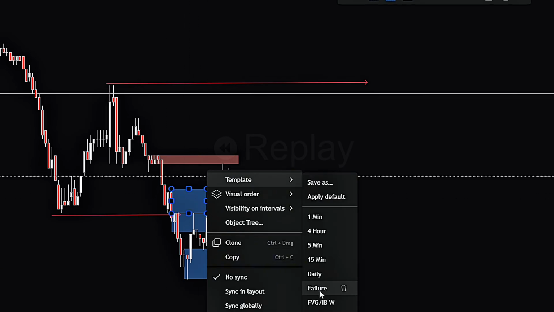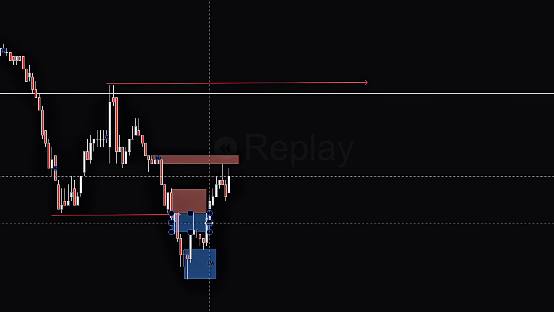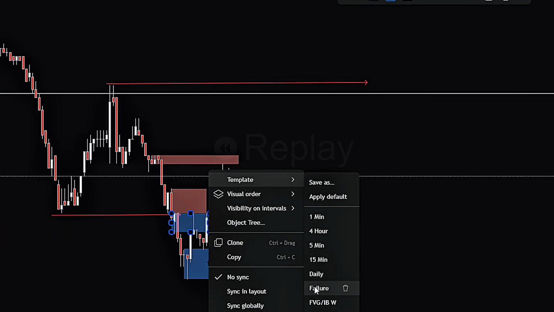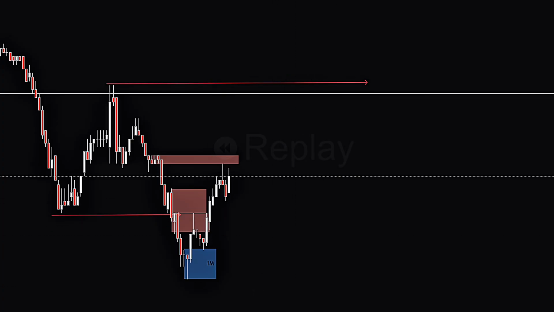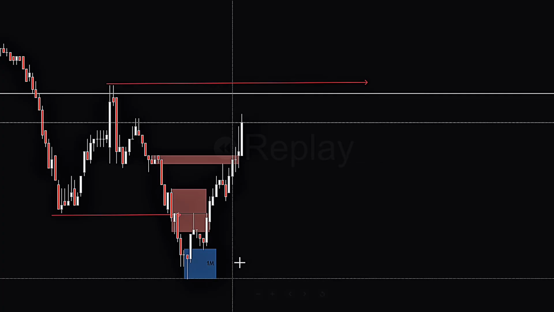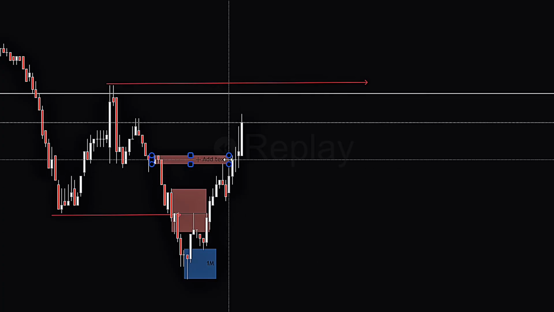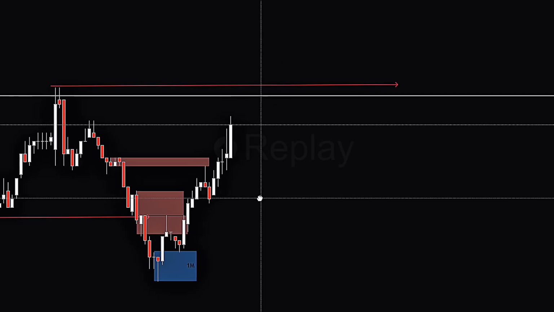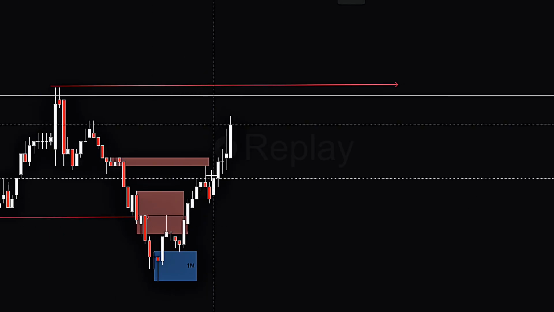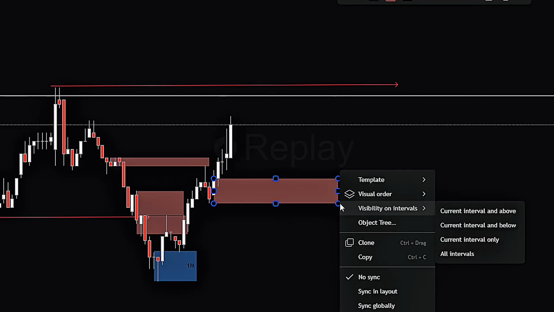Once it blows through it, that tells you, okay, that supply was there. It wasn't just a random zone or shape that we marked out on our charts. It's validating that it's actually there. So see, it had a reaction, right? We had that wick, it reacted to it, it went back down, and then it flew to the upside.